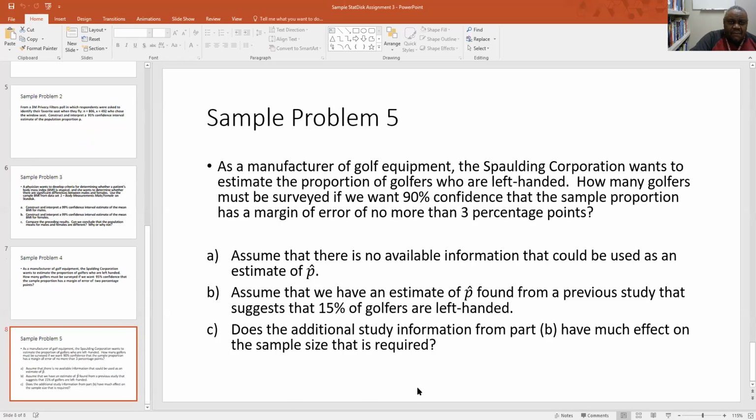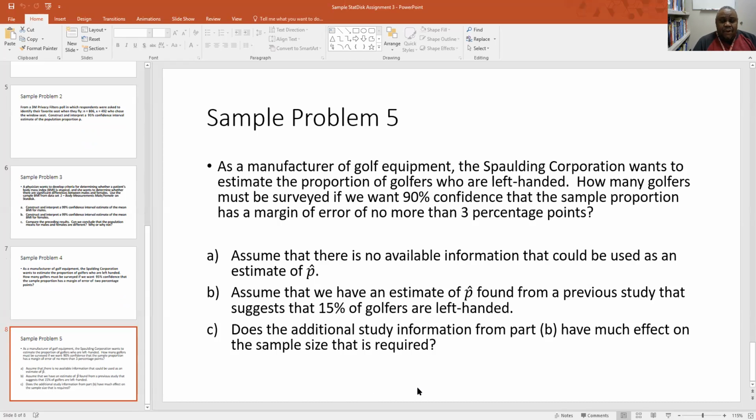All right, let's go to sample problem number 5. I think this is the last one in this video. As a manufacturer of golf equipment, the Spalding Corporation wants to estimate the proportion of golfers who are left-handed. How many golfers must be surveyed if we want 90% confidence that the sample proportion has a margin of error of no more than 3 percentage points? So here are 3 parts.